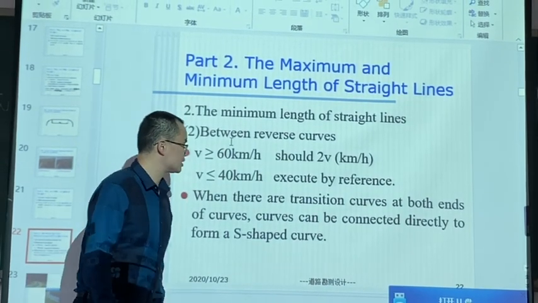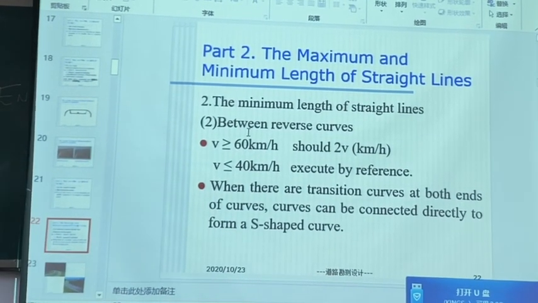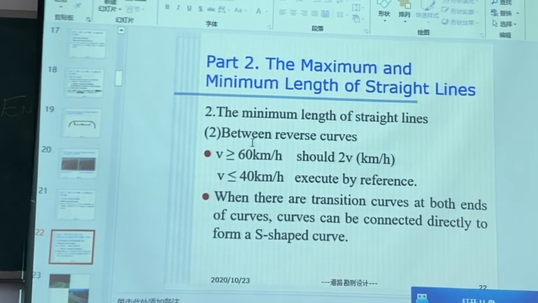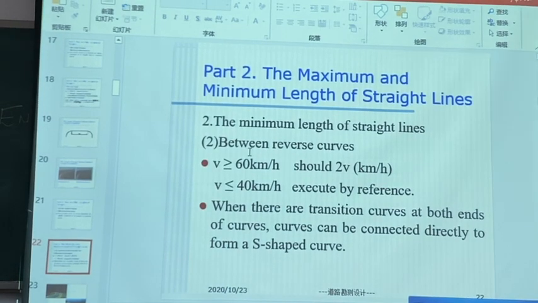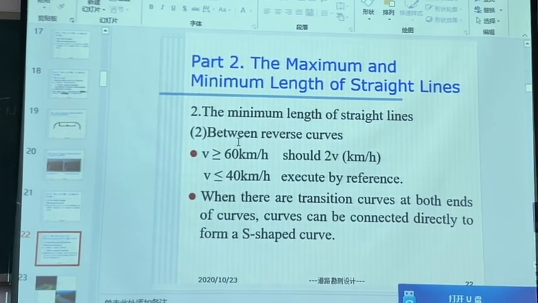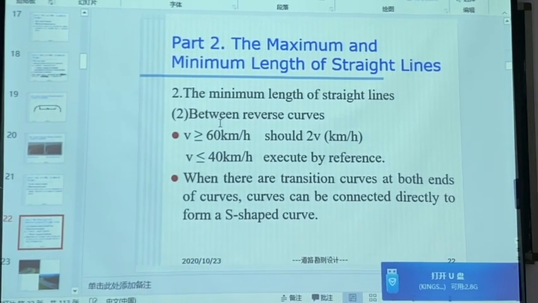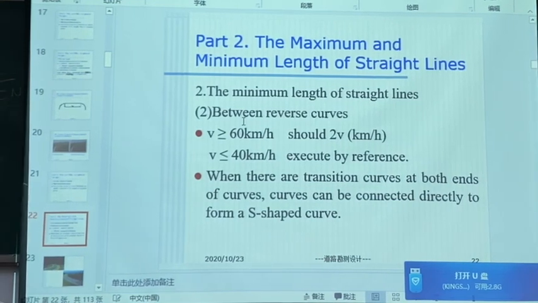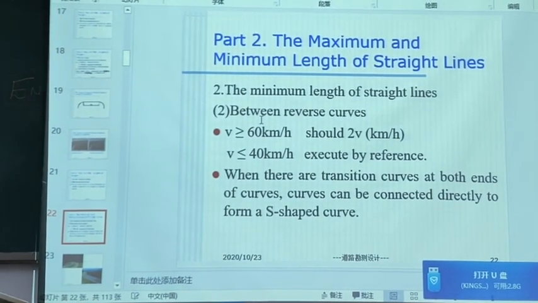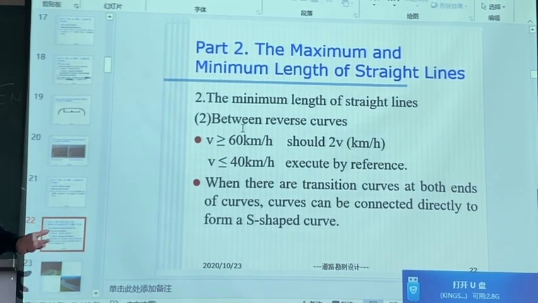When there are transition curves at both ends of the curves, they can be connected directly to form an S-shaped curve. What's an S-shaped curve?